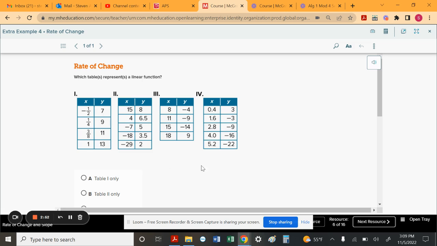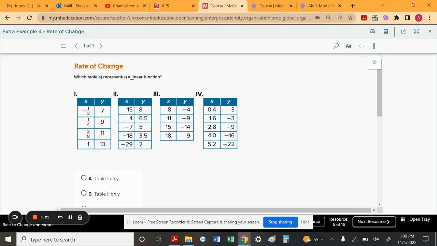That's an exaggeration, but we'd have to do at least 1, 2, 3 on that one, 1, 2, 3, 4, 1, 2, 3 on that one, 1, 2, 3, 4. So we'd have to do 14 different calculations to figure it out. Not very efficient. It's easier to just graph these things and see what happens. And of course, you can graph these on Desmos and check which ones are lines and which ones are not lines.